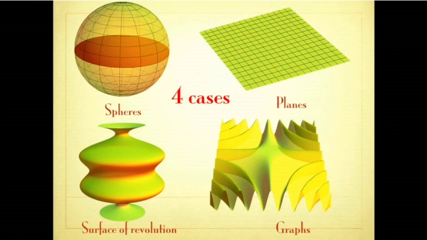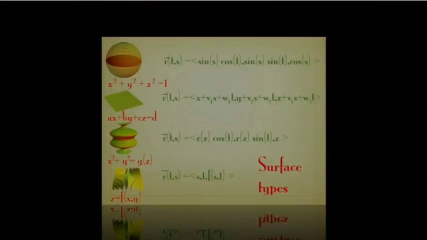Just know it. And then the surface of revolution, which essentially is just r cosine theta, r sine theta, z. And so that may be the hardest to remember. The graphs are the easiest. It's just x, y, f(x,y). Easiest way to parameterize this case. And so here are the formulas.